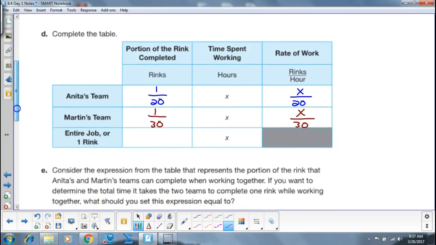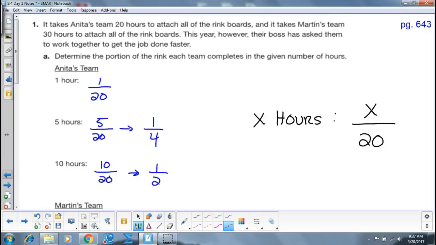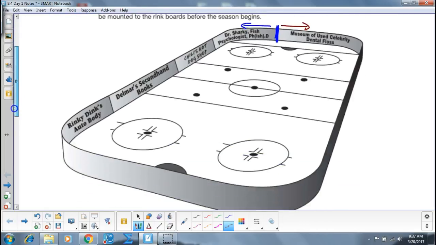Now consider the expression from the table that represents the portion of the rink that they can complete when working together. Let me go back to the picture of the rink. If Anita starts here and works that way, and Martin starts in the same spot and works the other way, the question is, when are they going to get done?